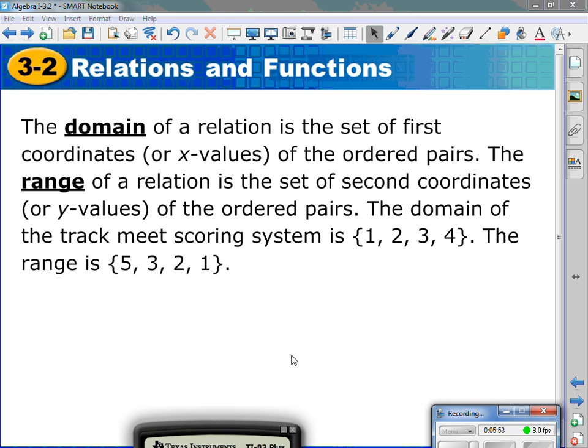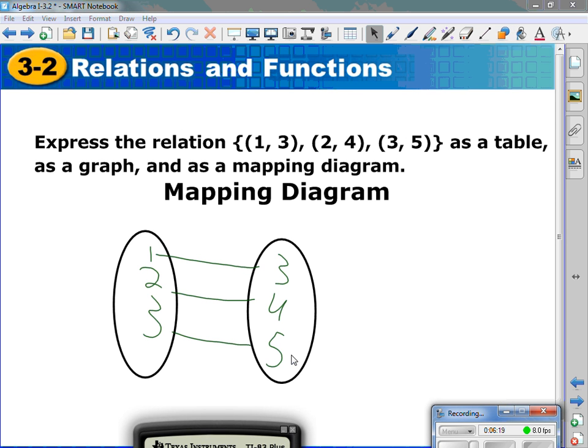I must have deleted the one slide. So of that previous problem, what were my x values? 1, 2, 3. My domain would have been 1, 2, 3. When you're talking about domain and range, please put the squiggle marks on the beginning and end. The range, what were my y values? My range was 3, 4, 5.